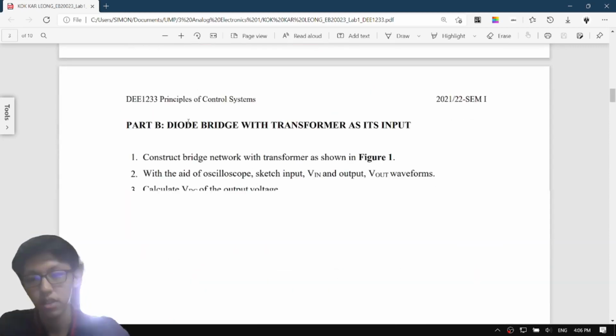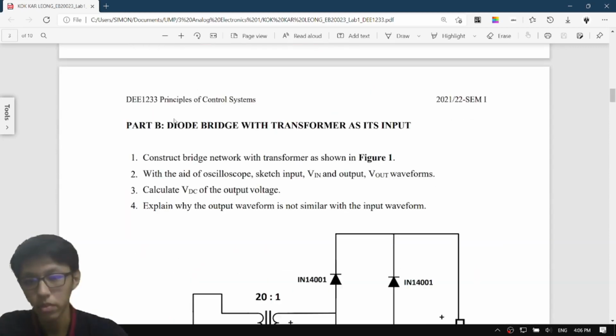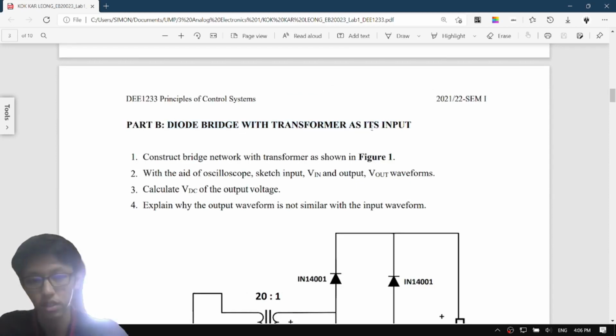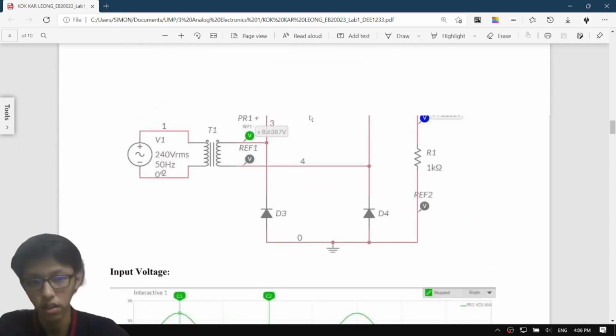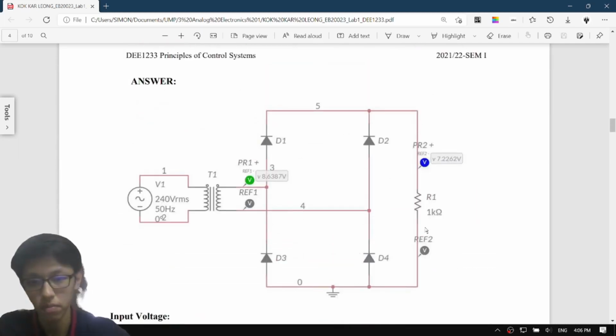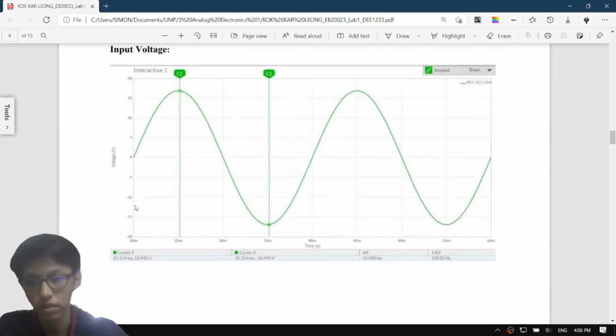So next, for part B, we need a diode bridge with a transformer and its input. So this is our circuit diagram, and this is the waveform.